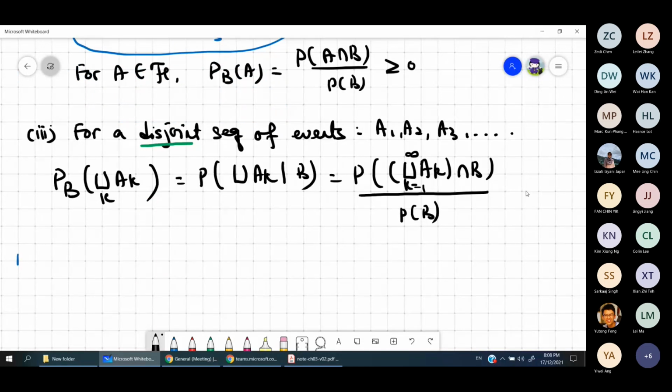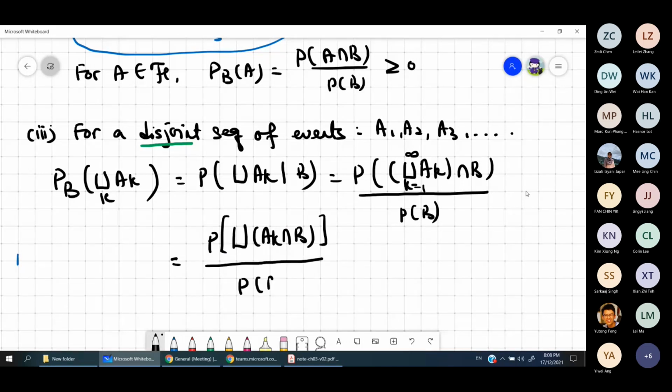And following the distributive law, this becomes P of the union of all the (A_k and B) over P(B), again k running from 1 to infinity.